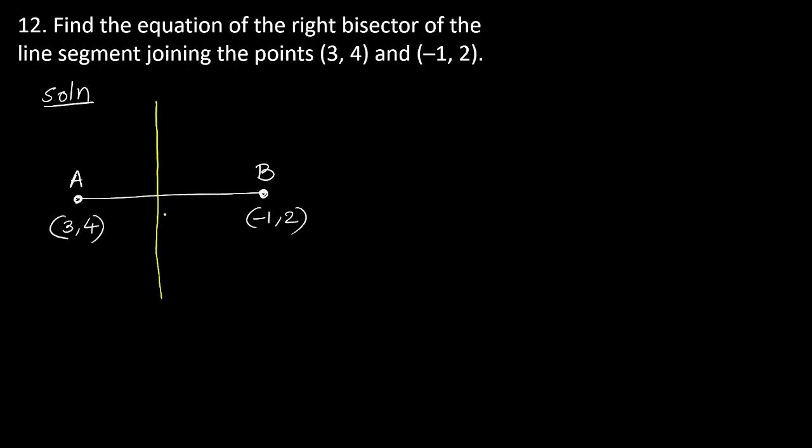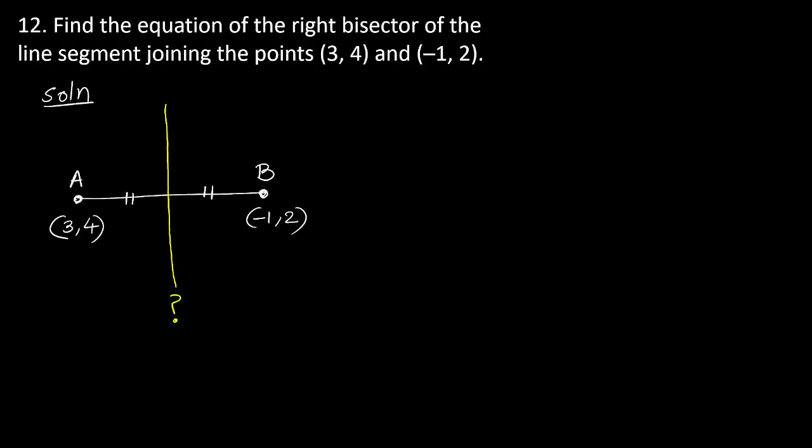My diagram is not so perfect. The perpendicular line passing through the midpoint, like this. This one I want to find out. The perpendicular line passing through the middle point of AB is said to be the right bisector. Don't forget it. Have you understood the meaning of right bisector? Ashlin, Said, Devasri, understood?